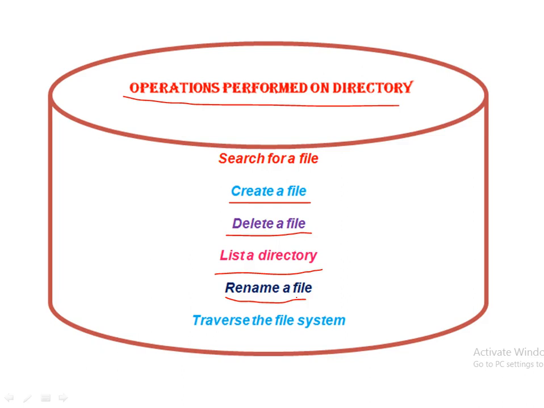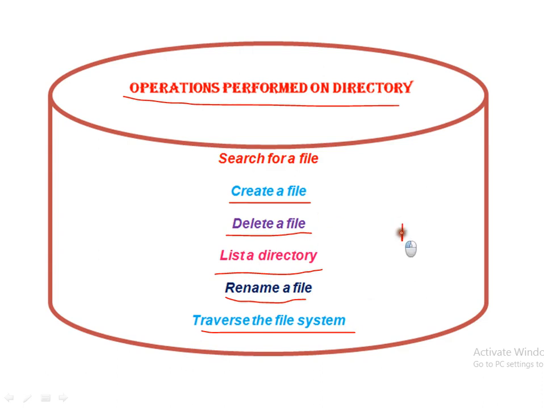Next, traverse the file system. What do we mean by traversing the file system? If I need to traverse a file system, that is, one directory inside another directory, I should be in a position to go inside.